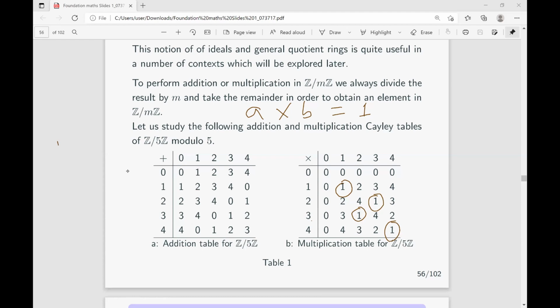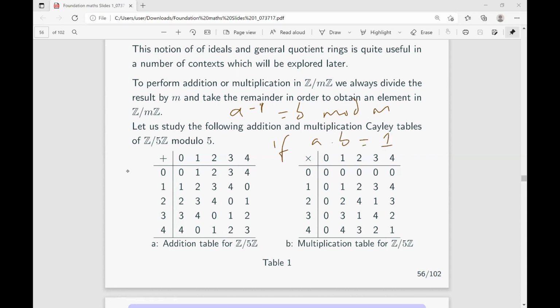Okay, so what I said is that an element A is an inverse of B mod M if A times B gives us the identity element 1.